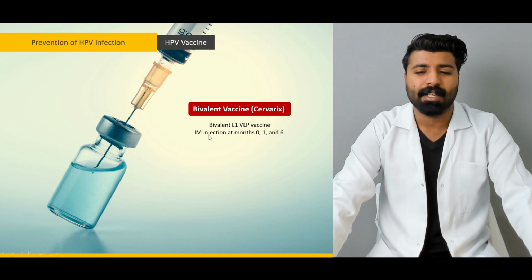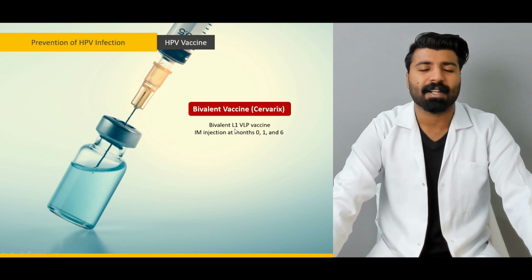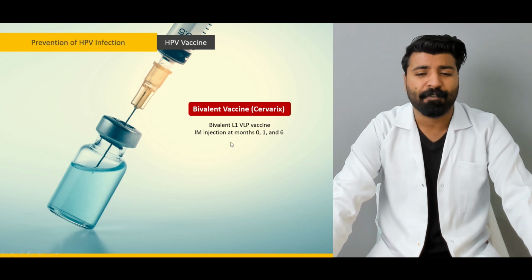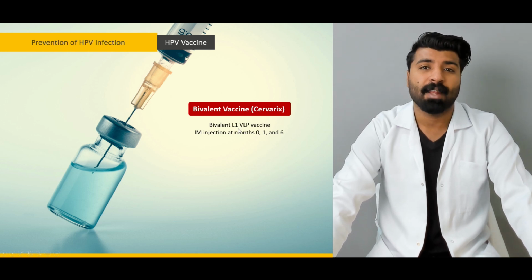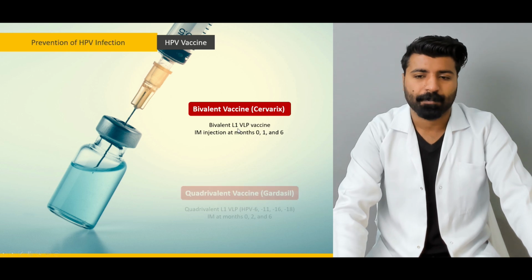It is a bivalent L1 VLP vaccine which is given intramuscularly in the form of injection at months 0, 1 and 6. This is bivalent vaccine. Now it is given at the birth, and it can also be given to those patients who are at higher risk of getting this pathology later in the lifetime when they are not vaccinated before time.